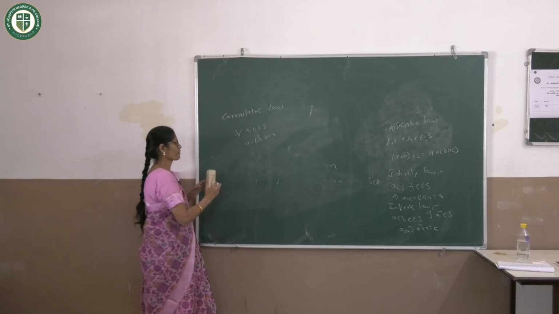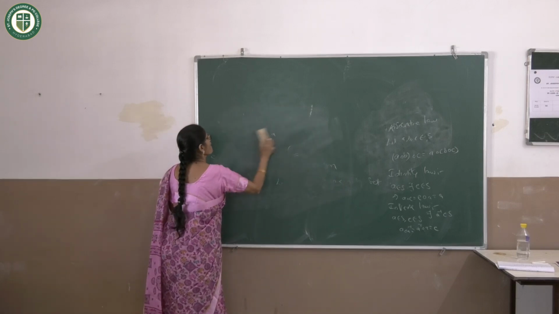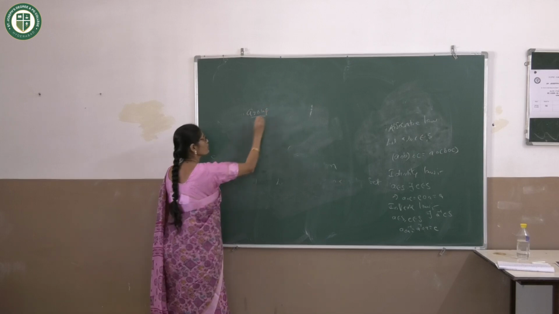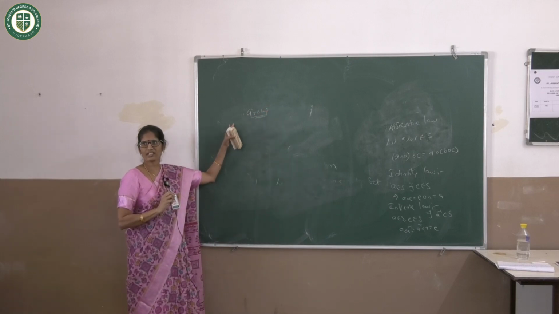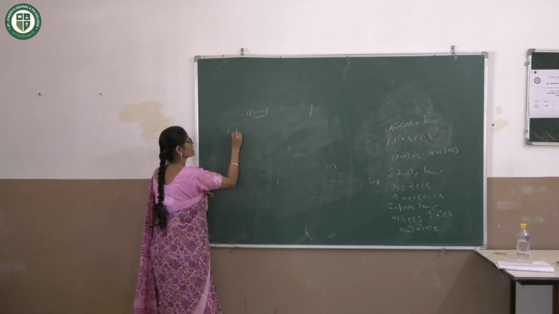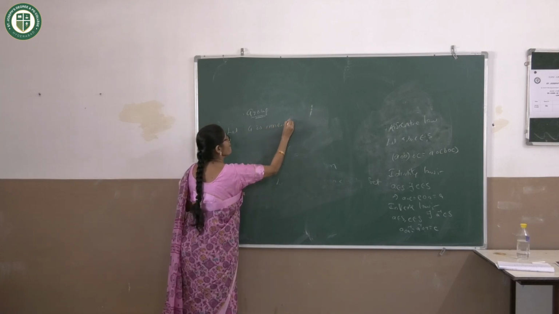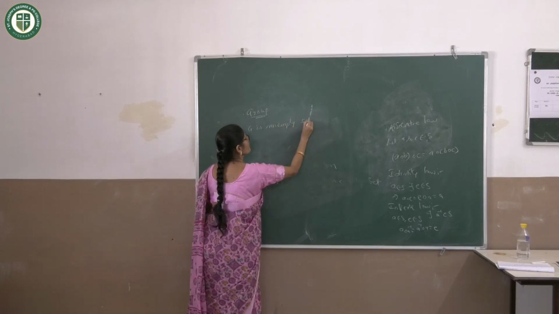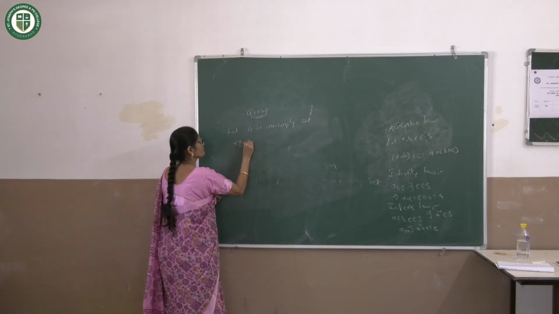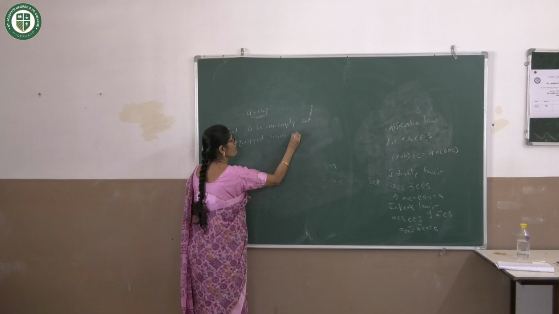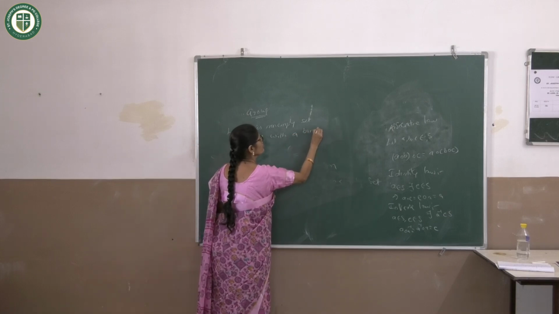Now we will go to the definition of a group. A group is nothing but this: let G be a non-empty set equipped with a binary operation.